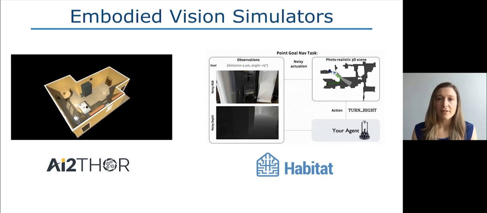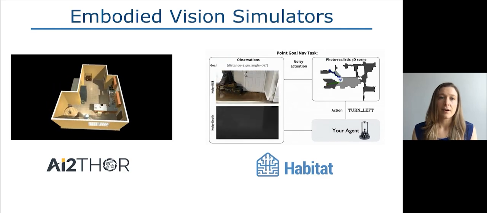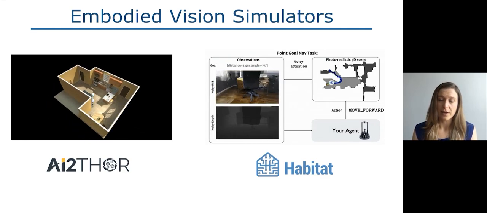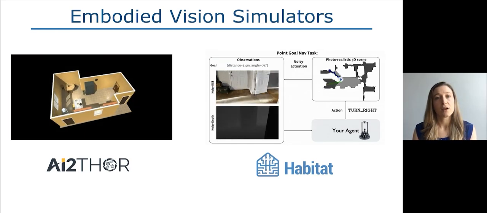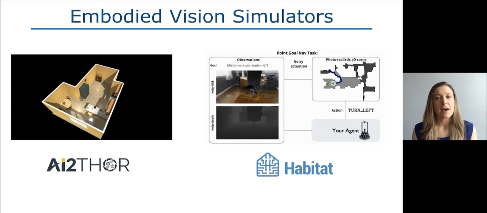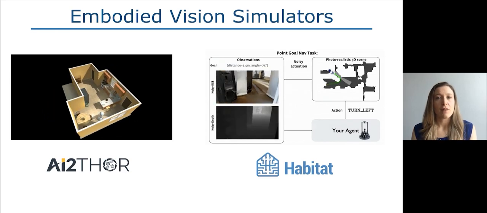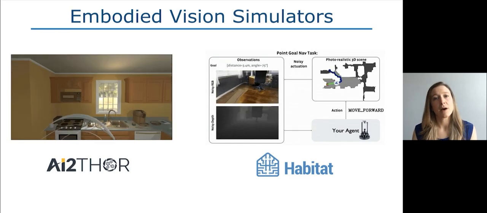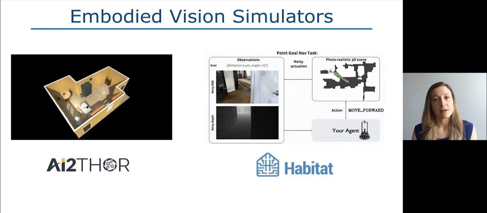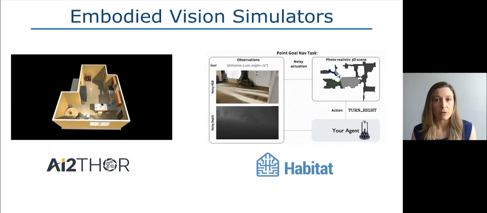And then, of course, there are a number of embodied vision simulators, like the Habitat simulator used for the challenges associated with this workshop. And these simulators allow you to interact with the environment and control some of the next frames that you may encounter.